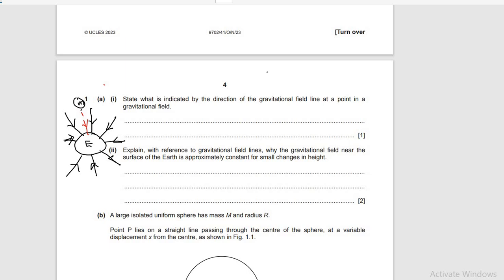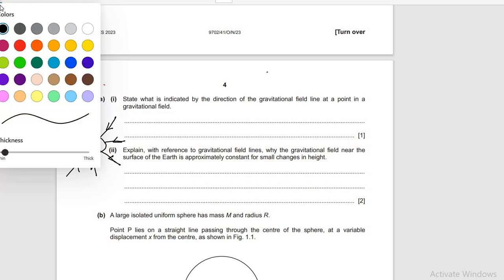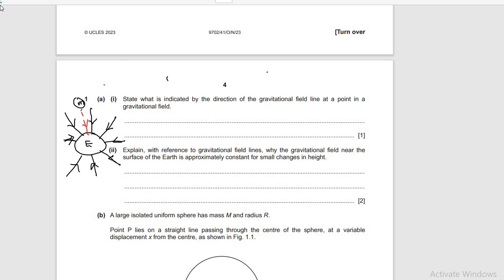So what does this mean? The question asks us, the direction of the line, what does it mean? The direction of the line, the arrow inward, simply means it is the direction of the force on a mass placed in a gravitational field.